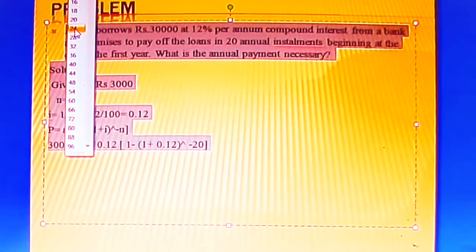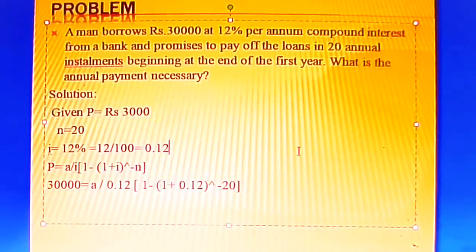You can copy it, students. A man borrows rupees 30,000 at 12% per annum compound interest from a bank and promises to pay off the loan in 20 annual installments beginning at the end of the first year. What is the annual payment necessary?